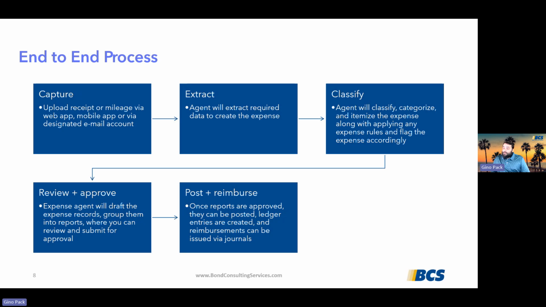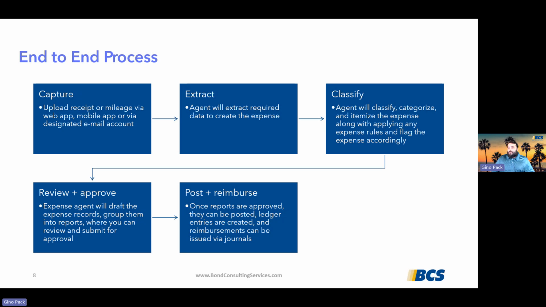Once they're approved, whoever manages the expenses within your organization can post them and reimburse via journals if necessary. That's the basic end-to-end process of managing an expense via the expense agent.